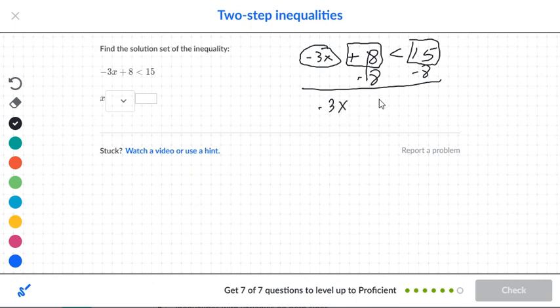I have -3x. 15 minus the 8 is 7. Then we have our inequality sign. We're going to divide by -3. Notice the letter is negative. So we're going to cross this out. This is x. Make sure you turn your sign the other direction. So you get 7 over a -3.